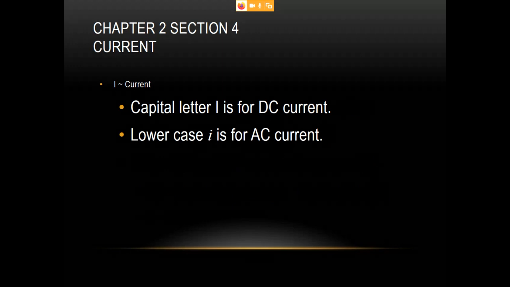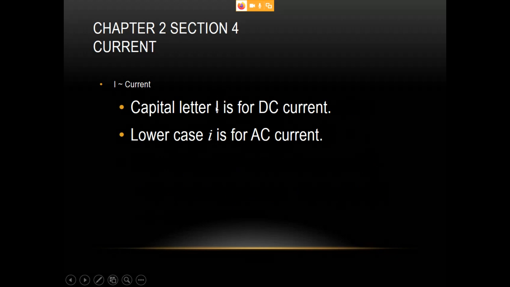When we talk about AC and DC circuits, technically this class is DC, or direct current. That means the current is only moving in one direction. AC refers to alternating current, which means the current moves to the left and then back to the right. Half the time it's going left to right, and the other half it's going right to left.